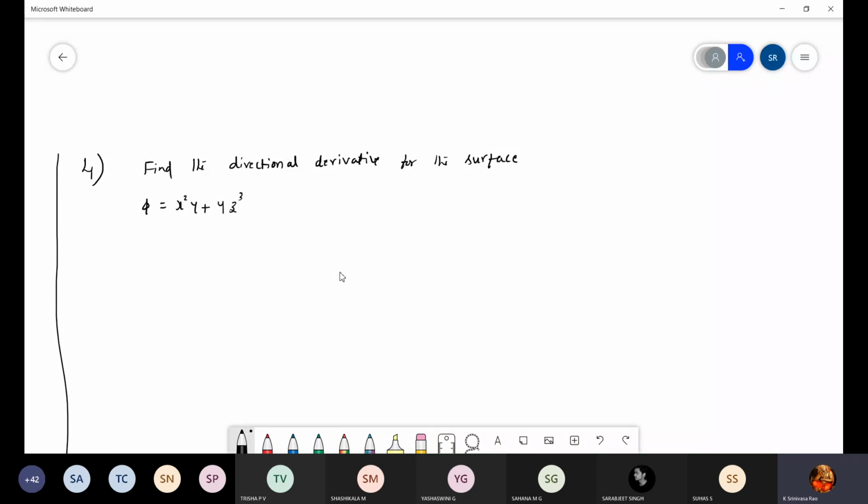I think this is a previous problem, no? Same curve, but is phi the same as the previous problem? No, sir.